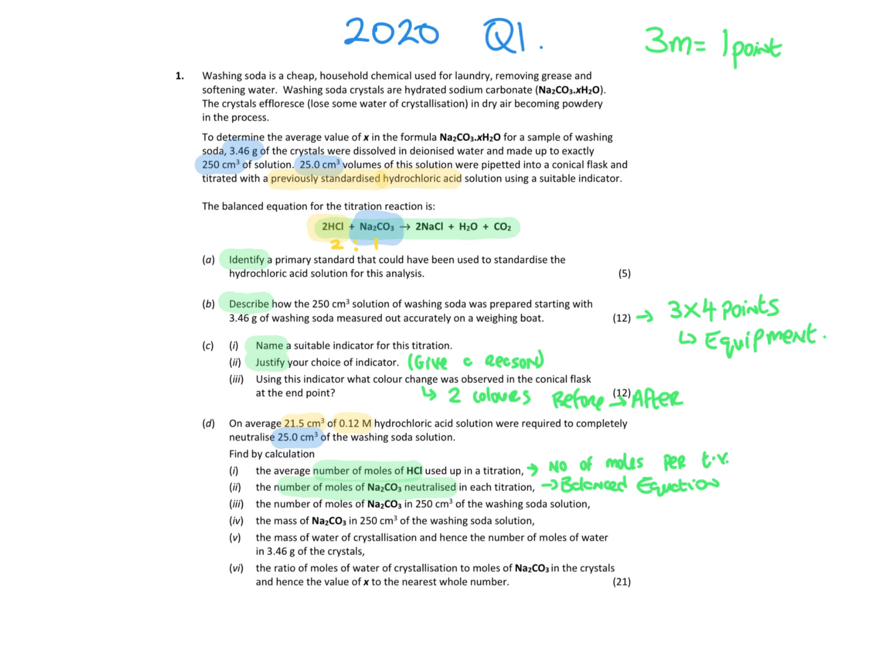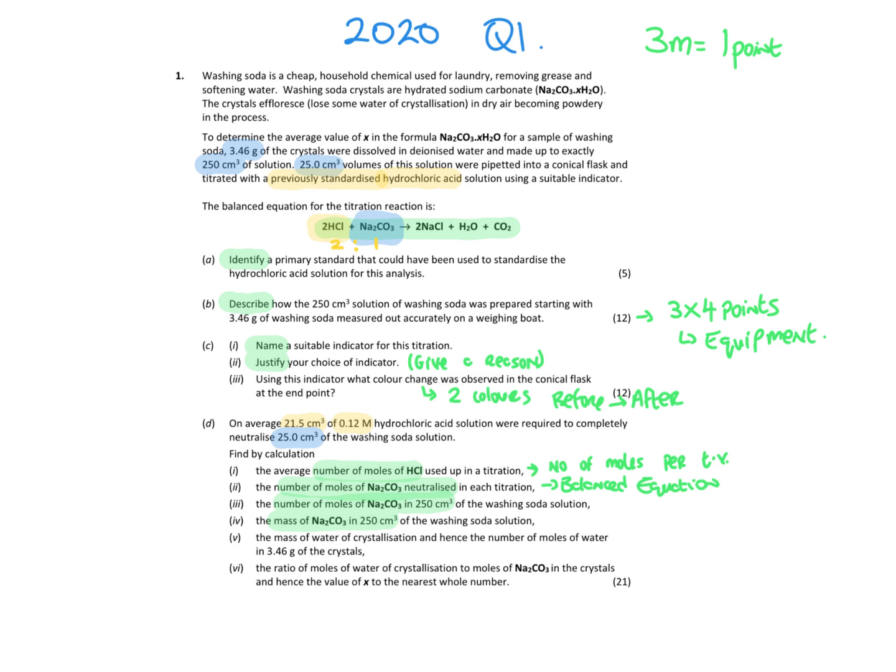So for part 3 then, it asks you to find the number of moles of Na2CO3 in 250 centimetres cubed. So there, you will use your answer from part 2 and you will multiply it such that you get 250 centimetres cubed. And we'll go through this on the next slide. Part 4 is asking you to find the mass of sodium carbonate in 250 centimetres cubed.